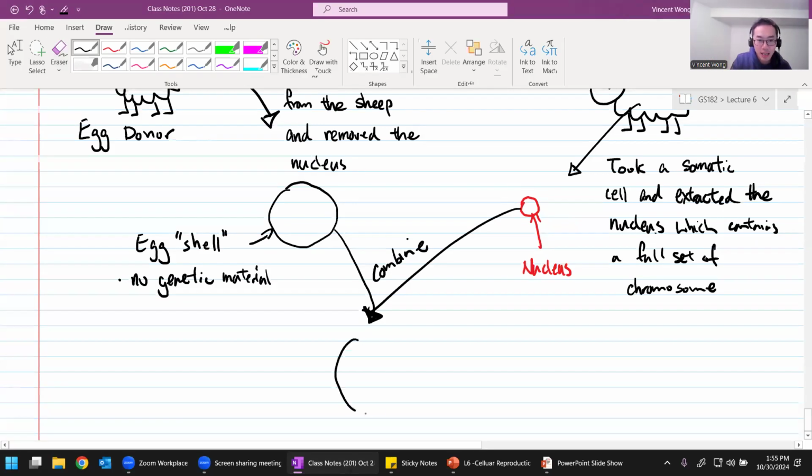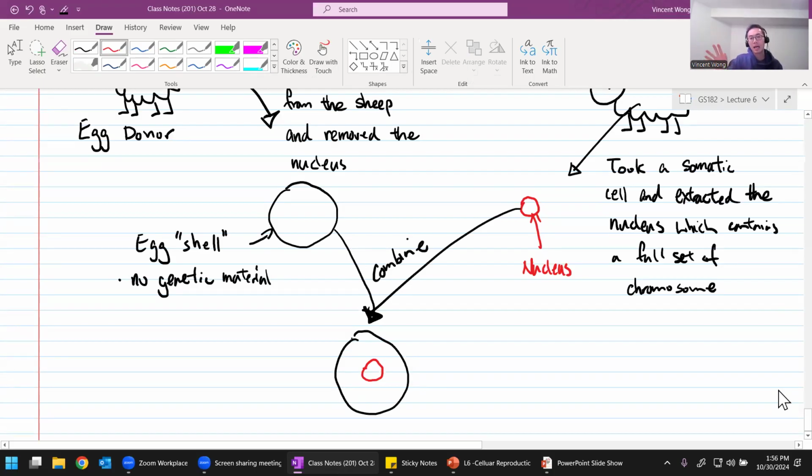So then we have the egg and the implanted nucleus. Basically, they are simulating the fertilization process. No father was involved here, no male sheep.